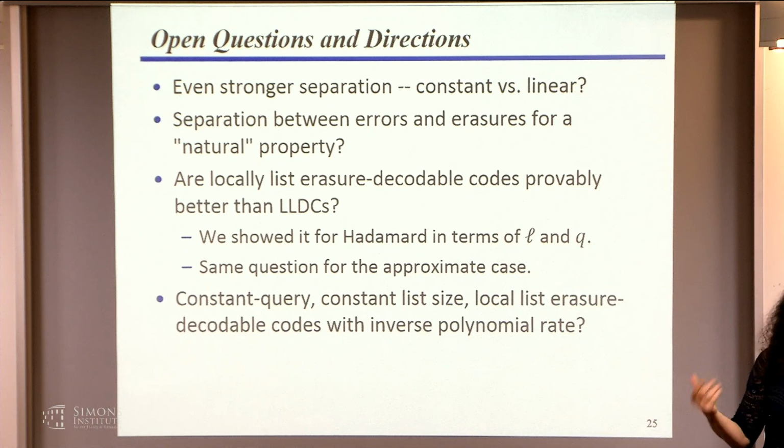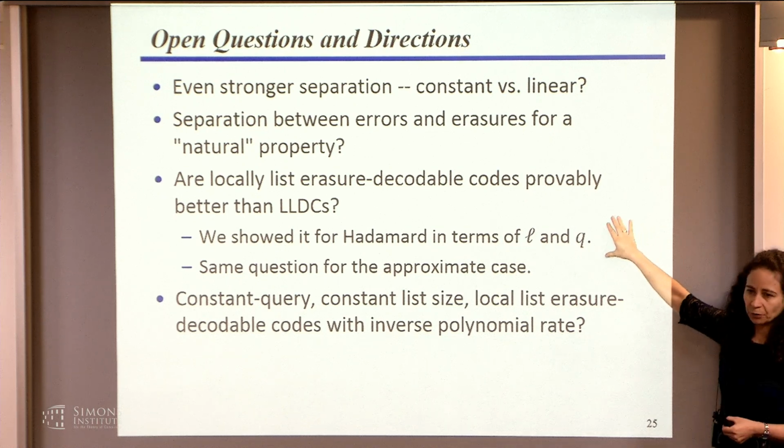We know that if you have a code that works against errors, it implies a code that works against erasures with twice as many corruptions. But is the implication true the other way? If you can handle erasures, is it true that you can also handle errors, or can we do much better? I would say this is a big open question.